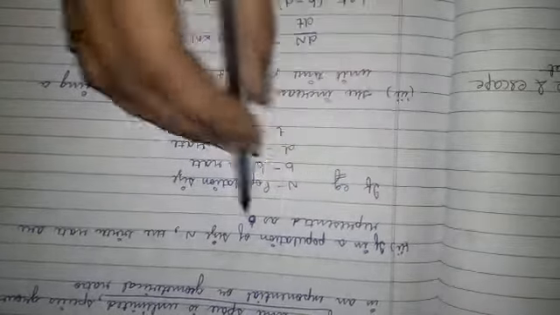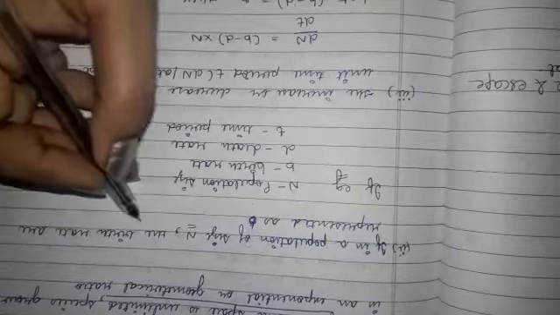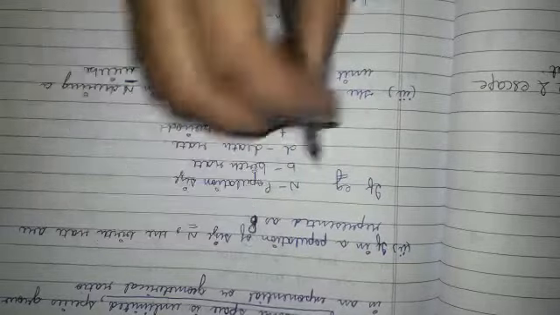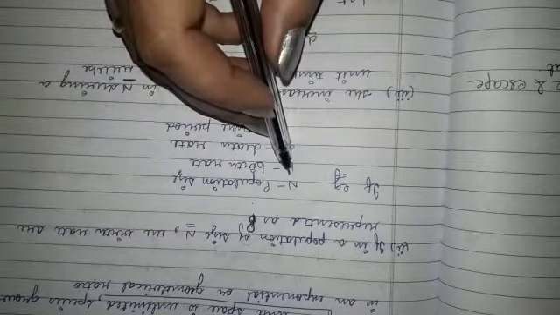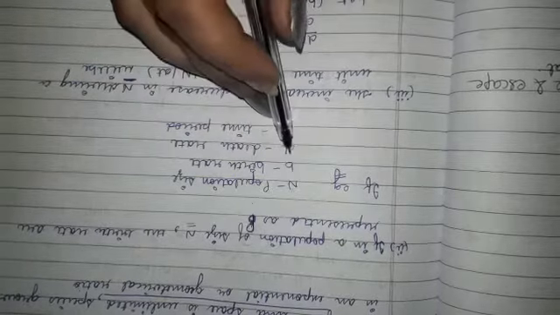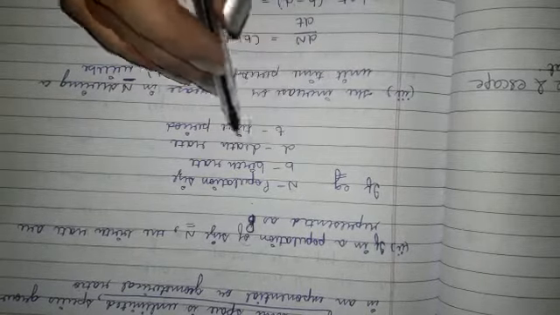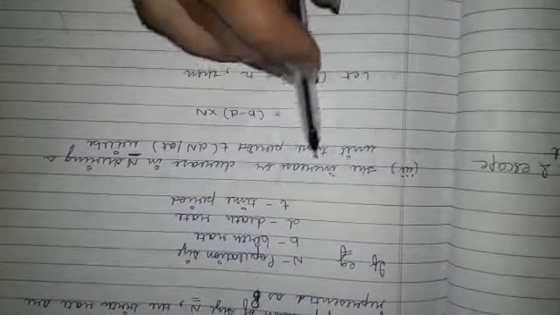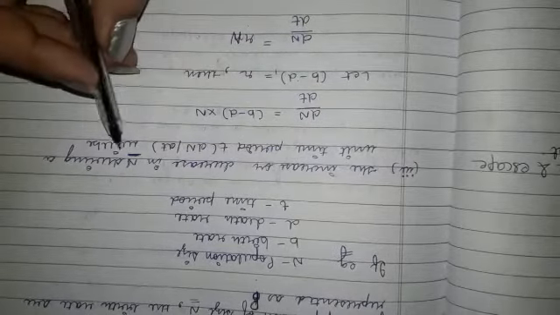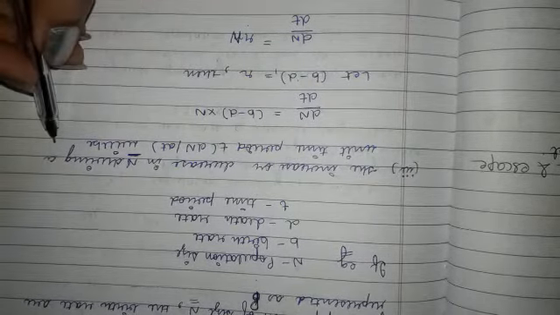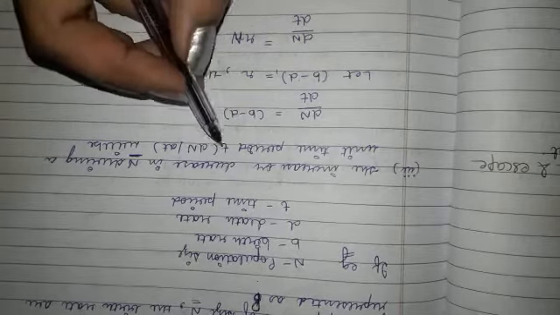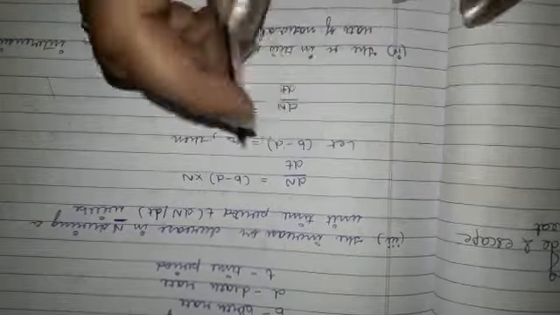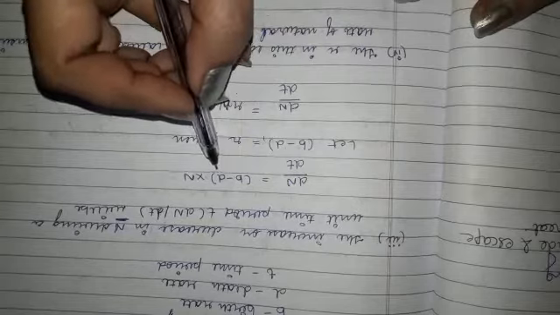If, for example, the size of a population is n, b is the birth rate, d represents the death rate, then the increase or decrease in population size during a time period t is given by dn upon dt is equal to (b minus d) into n.